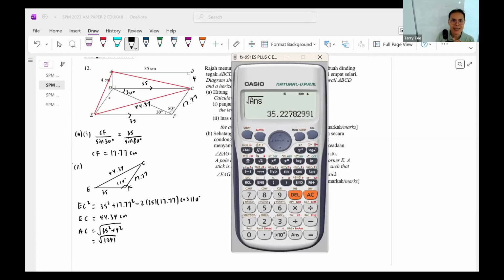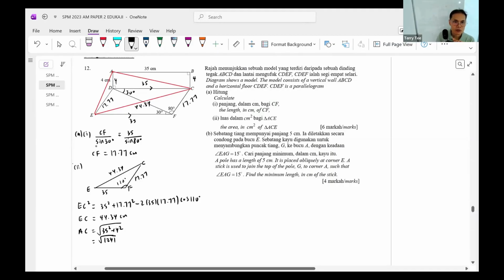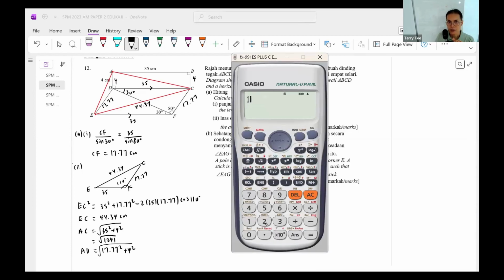Now how about AD? Now this is 17.77, this is 4. We can find AD, right? AD will be the square root of 17.77 squared plus 4 squared. So, calculator: 17.77 squared plus 4 squared, square root.